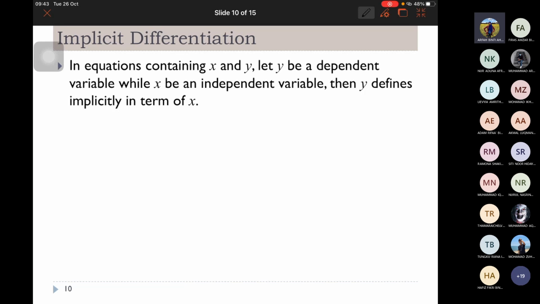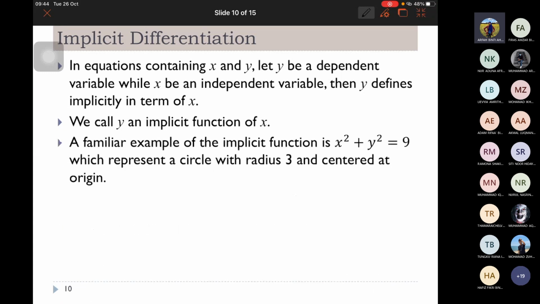That's the idea. Okay. So x dan y, and y be dependent variable while x be independent variable. So y defined implicitly in terms of x. So in this case, we will call y an implicit function of x, and a familiar example of the implicit function is, for example, kita ada equation of a circle.